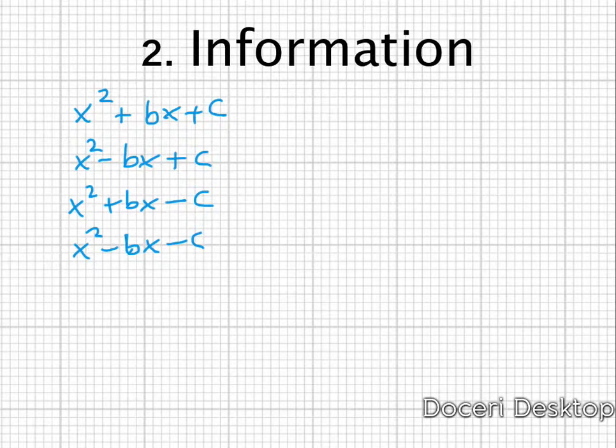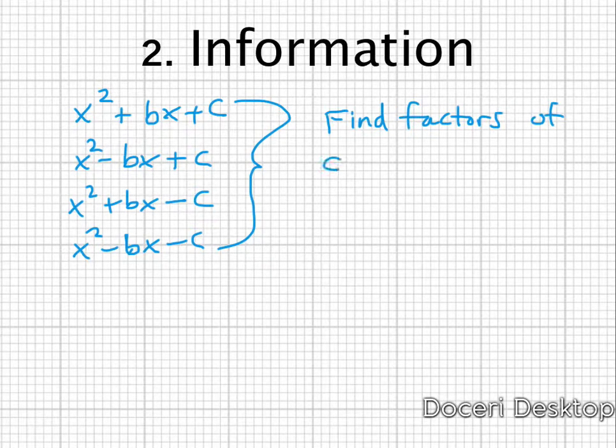No matter what, for every situation that looks like this, you want to find the factors of the c, or in the last two cases, negative c. So you want to find the two numbers that multiply to give you c.